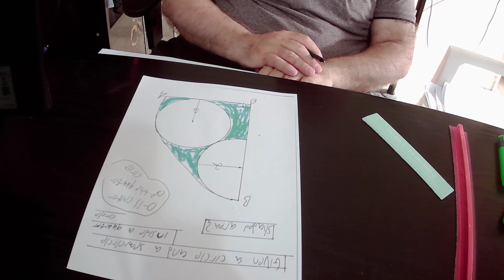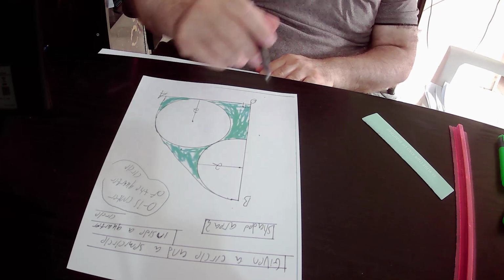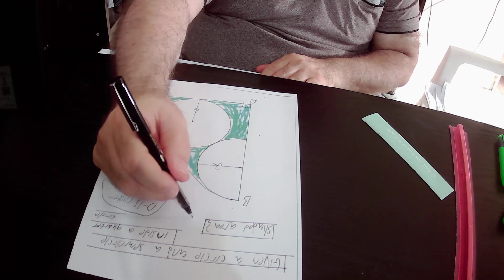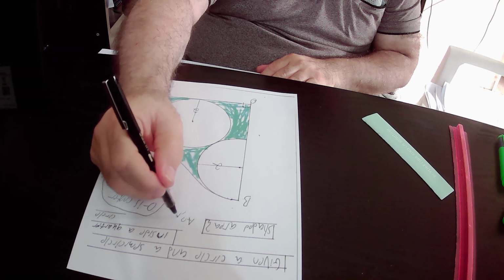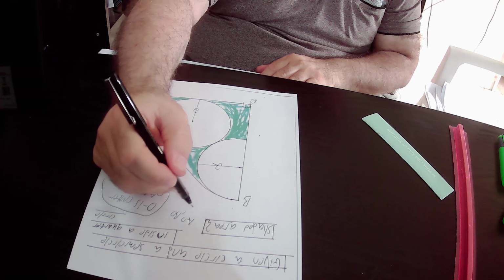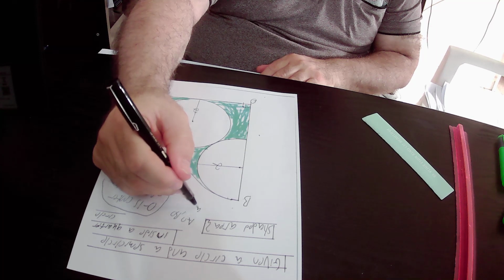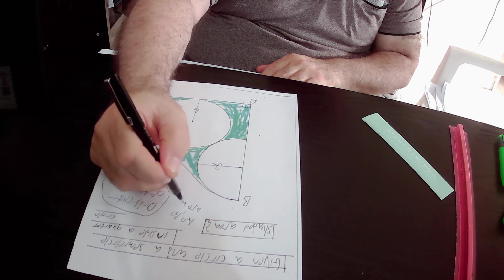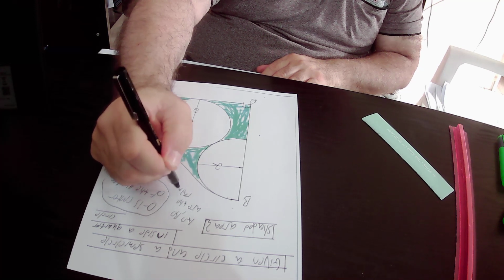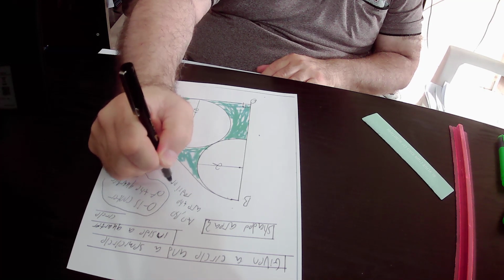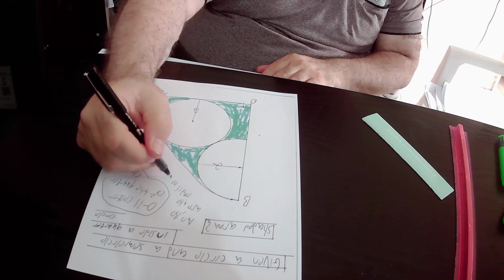We can write down here that AO and BO are radii of the quarter circle.